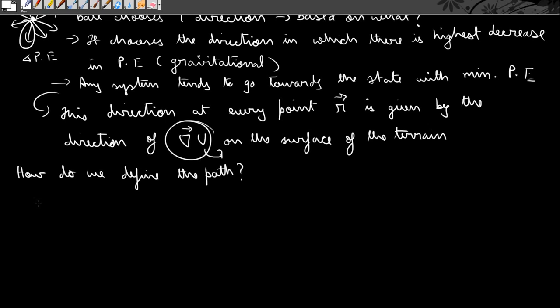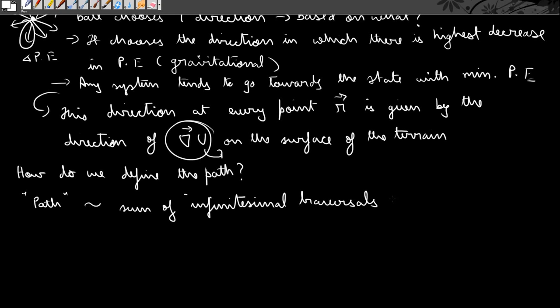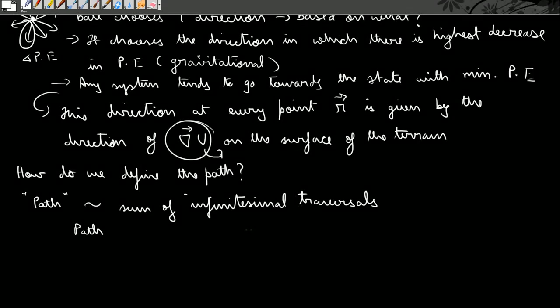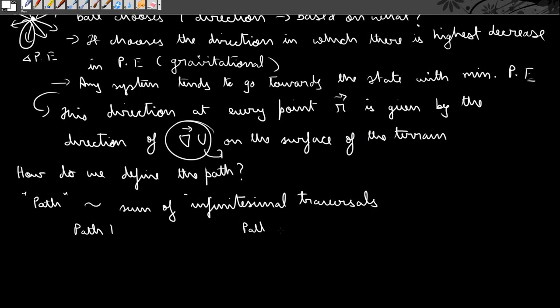I am going to call this path, in double quotes, roughly a sum of infinitesimal traversals. What I mean by this is the following. Let us consider two different paths, path 1 and path 2.